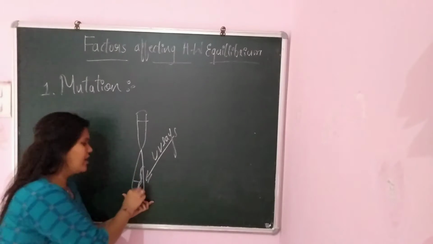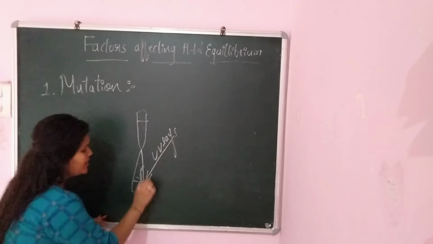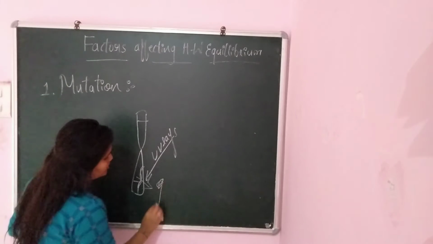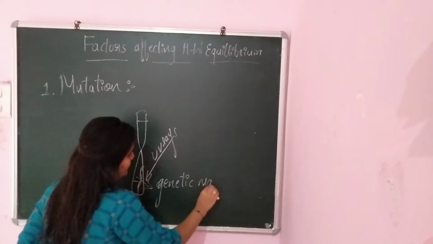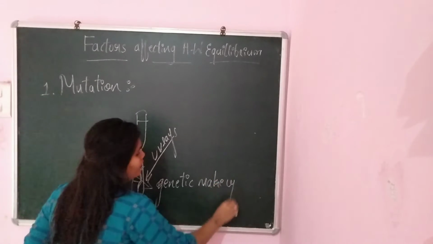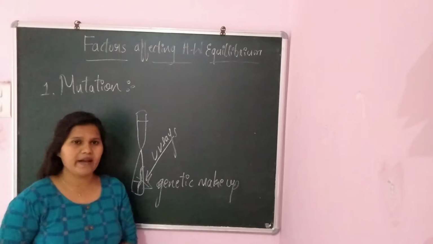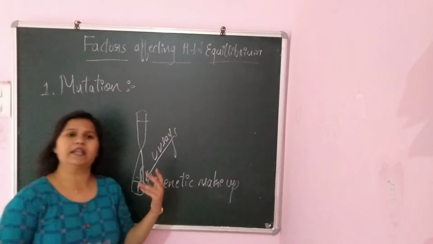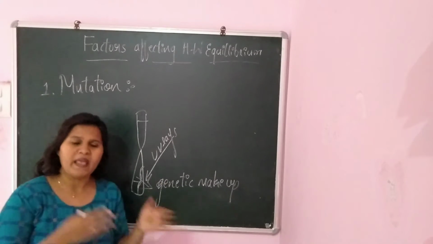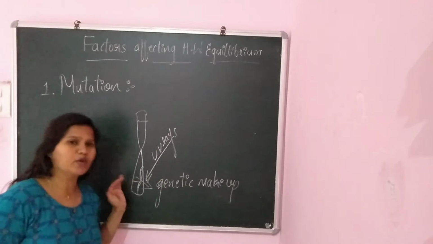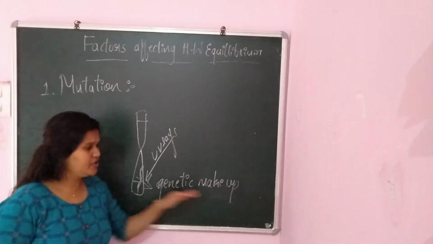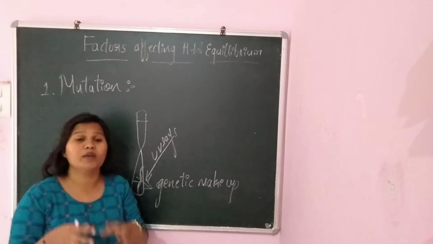The genetic makeup or the alleles will get changed. The genetic makeup will get disturbed, right? For example, in place of guanine, adenine may come. So when UV rays fall on this chromosome, the genetic makeup gets changed or disturbed.